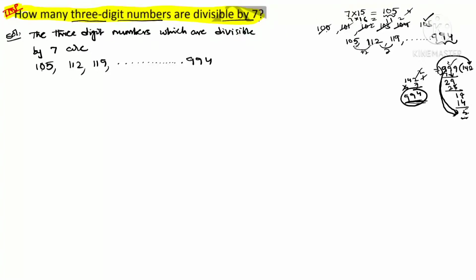So according to our question, starting from 105 to 994, how many numbers are there? That we need to find. Is it clear, everyone? Right?